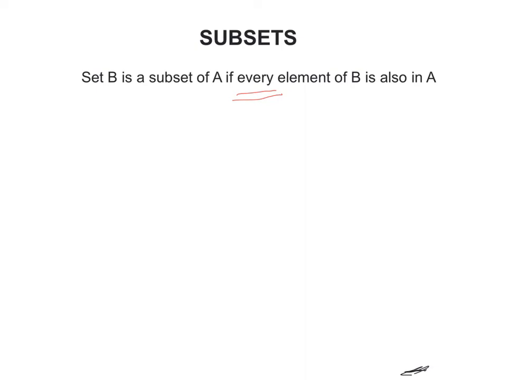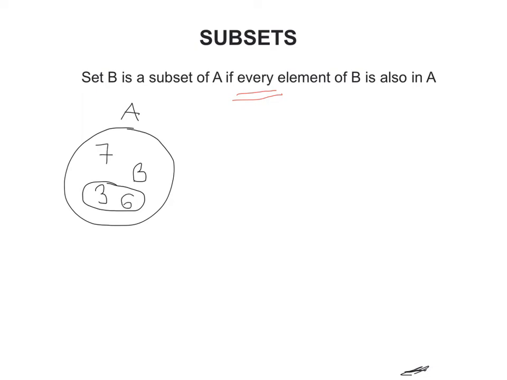So let's do the first example. I'm going to draw a few sets. So this is set A, and this is set B, and we have 3 and 6 in B. So set A contains 7, 3, 6, set B 3 and 6. This is set D with 5 in it, and set C with 7 and 4 in it.